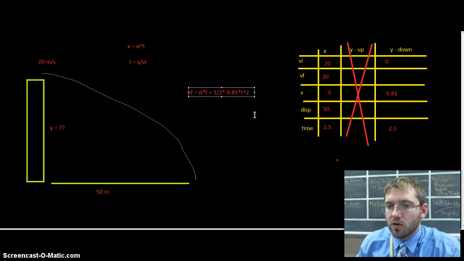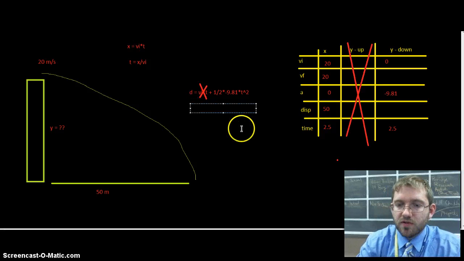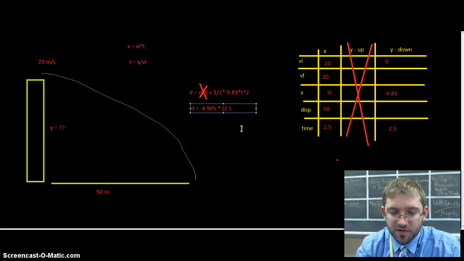Okay, that's what my squared looks like. Well, because my initial velocity in the y direction is 0, this whole term goes away to 0. It crosses out, if you want to think of it like that. So all I'm left with is 1/2 times negative 9.81, which is basically negative 4.905, times my time, 2.5, squared.